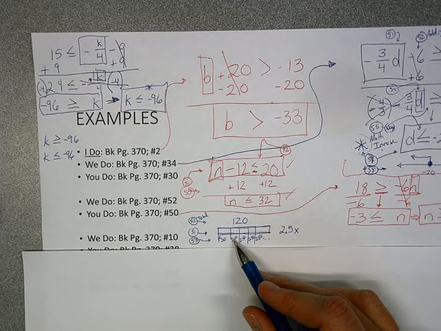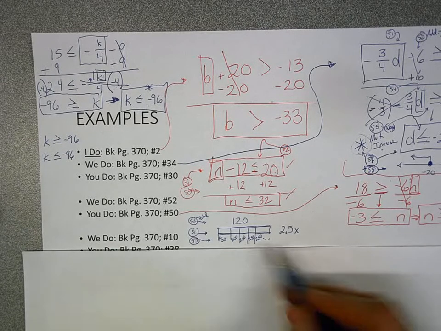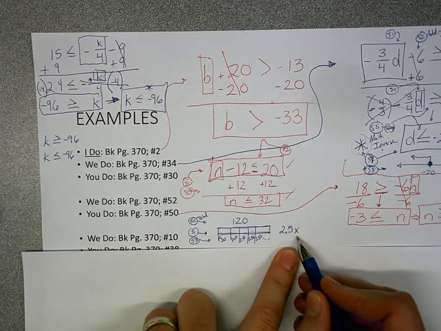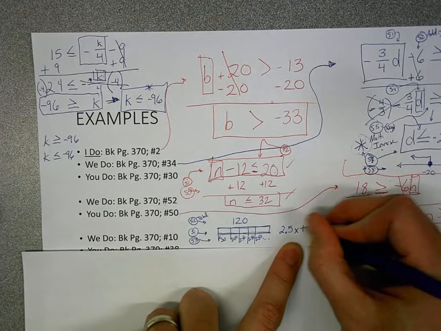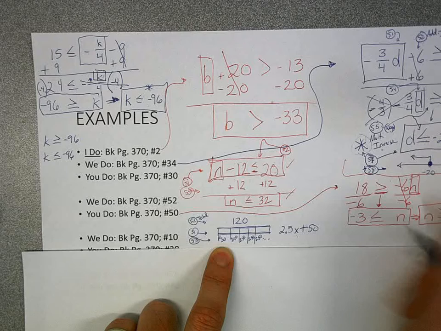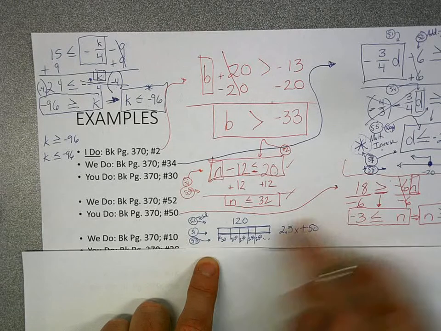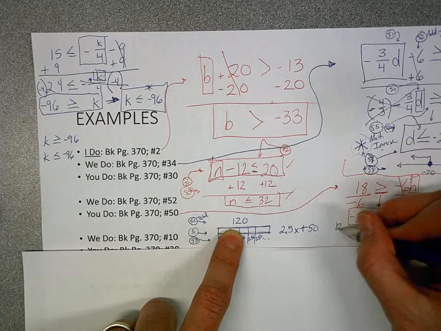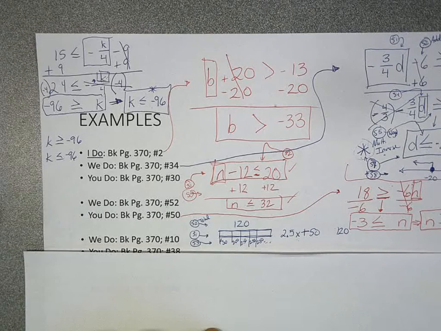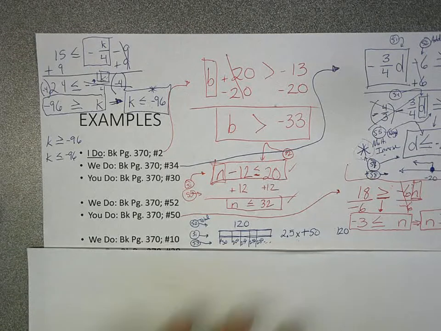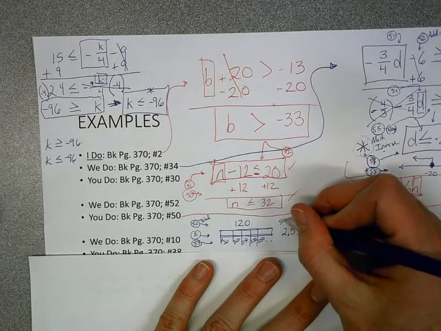If she cleaned 4 tables, it'd be 2.50 times 4, right? So that's 2.50 times however many tables, plus that extra $50 she starts off with. This whole expression down here is being compared to $120. Now, we just did step 4, write your expression.